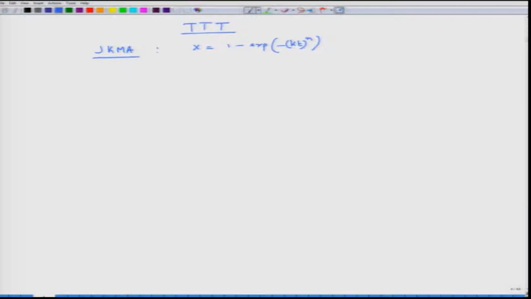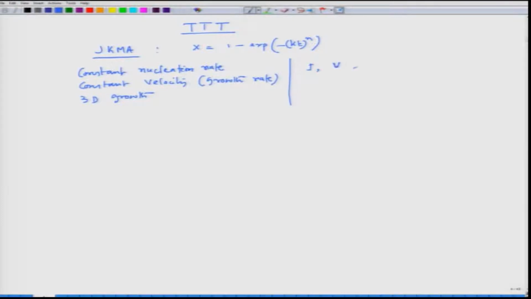And we have talked about one particular condition: constant nucleation rate, constant velocity or growth rate, and then 3D growth, and we have used I and V expressions.